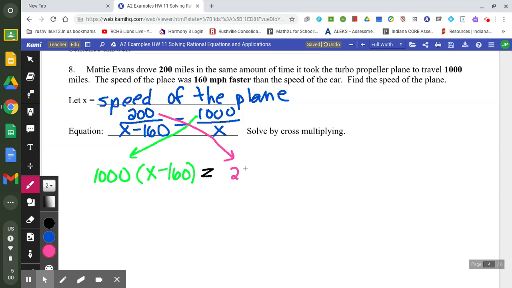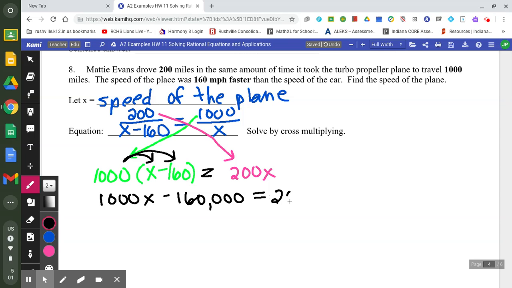So equals 200X. So let's simplify that out. 1,000 times X, 1,000X. 1,000 times negative 160 is negative 160,000 equals 200X.